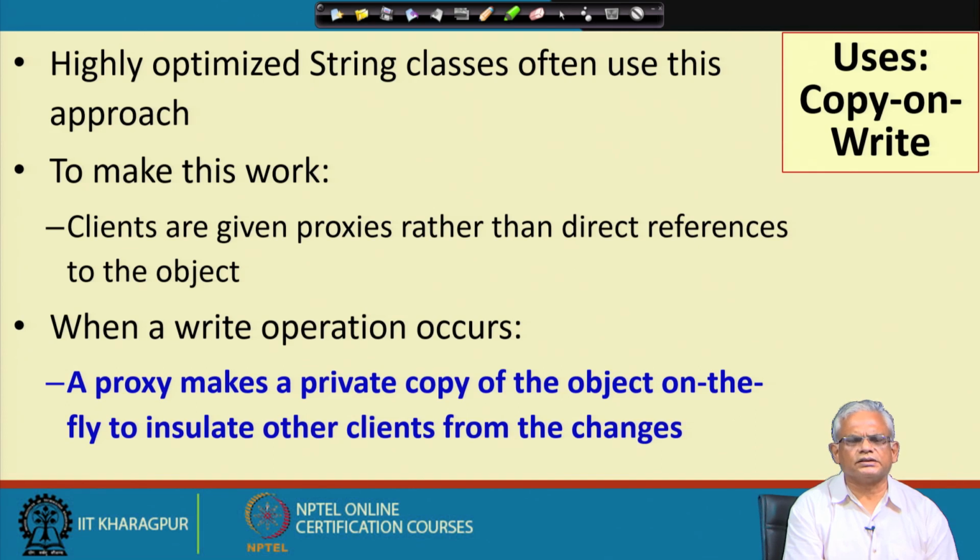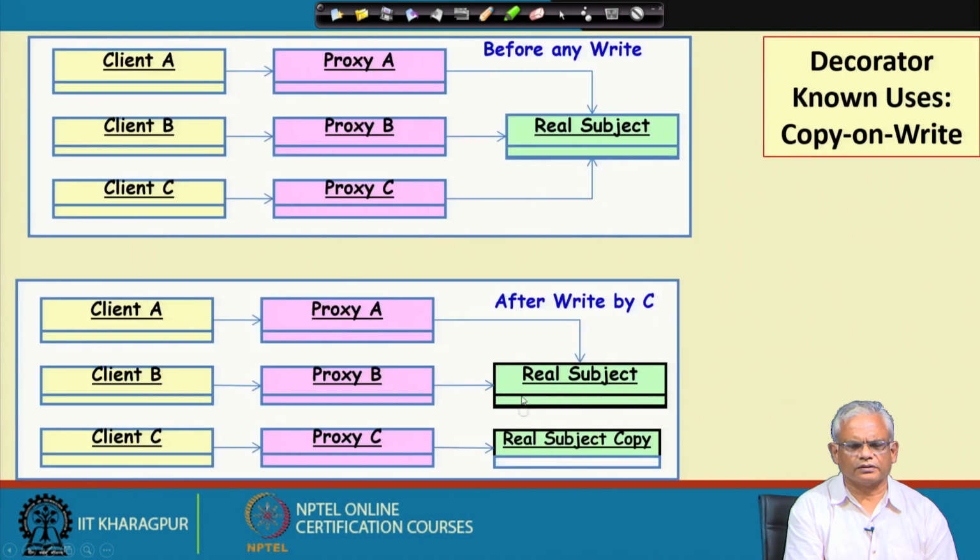Optimized string classes use this approach. The clients are given proxies rather than direct references to the object, and only when the client tries to write, the proxy creates a copy of the string object and gives it to the client. So, this is a representation of the copy on write.